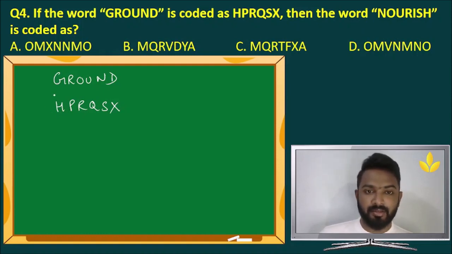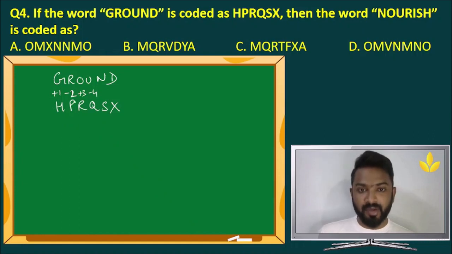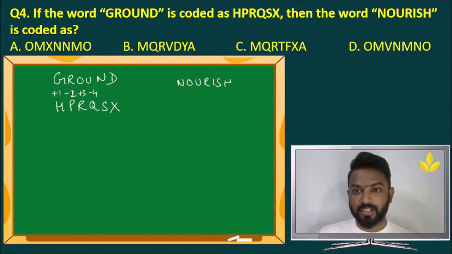G plus 1 is H, R minus 1, oh sorry, minus 2 is P, O plus 3 is R, U minus 4 is Q, so on and so forth. So plus 1, minus 2, plus 3, minus 4, so on and so forth. So the same thing has to be applied to nourish, NOURISH. So we have plus 1, minus 2, plus 3, minus 4, so on and so forth.